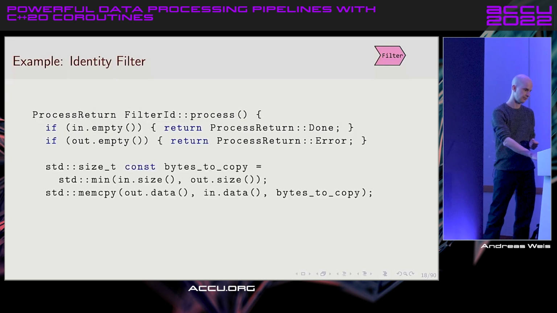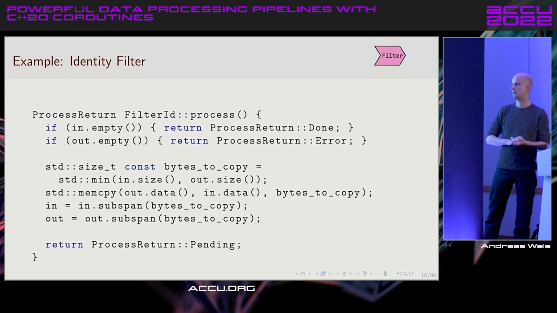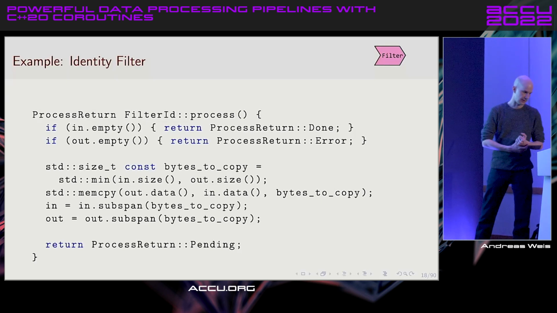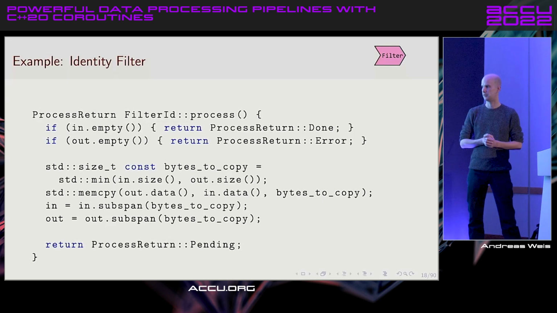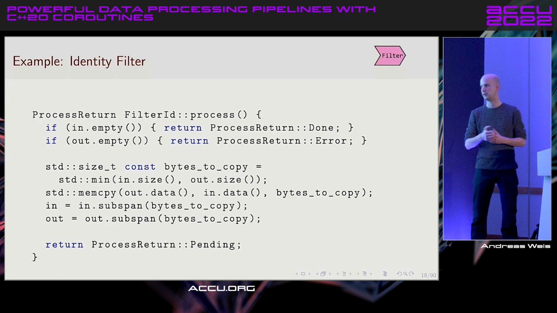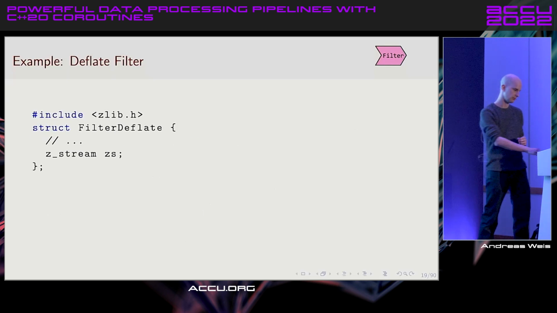If I don't have an output buffer available, I cannot continue. But then I simply check how much can I copy, and then I just do a memcpy from the input to the output. Then again, as before, I adjust the sizes of the span so that my caller knows in what state I left things. And then I just ask to be called again.